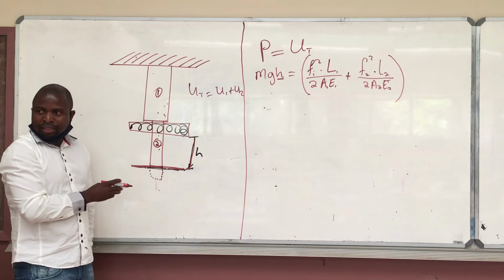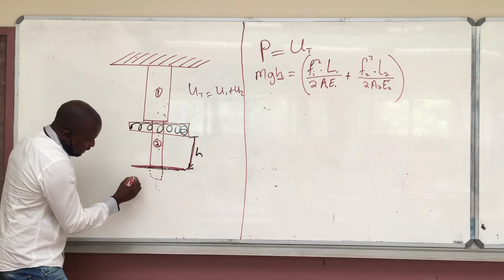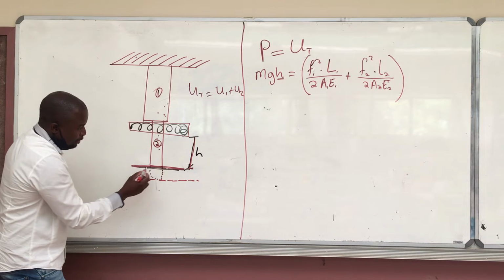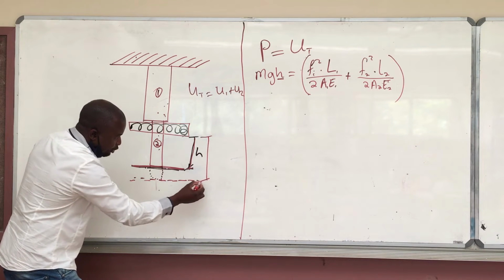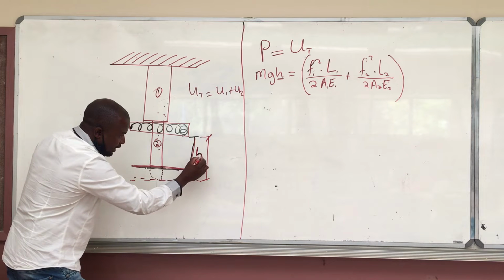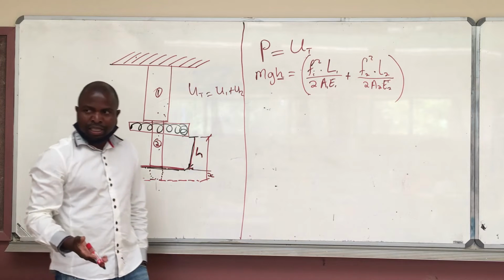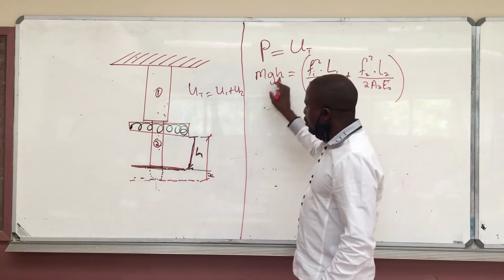Meaning both of them have expanded. So at the end, the distance traveled, your h, is the original h plus your change in length. That's the total height.